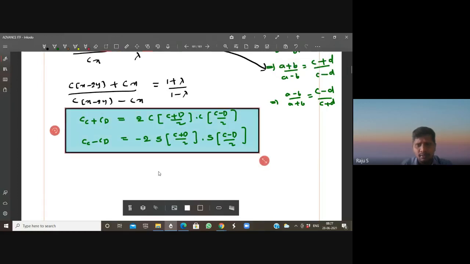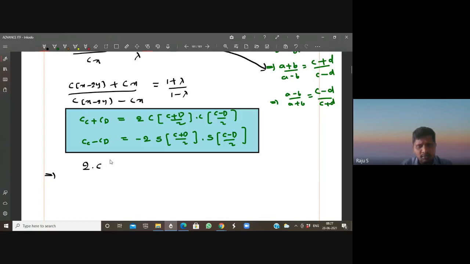Now with the help of these formulas, we simplify the LHS. What is cos of (C plus D) by 2?